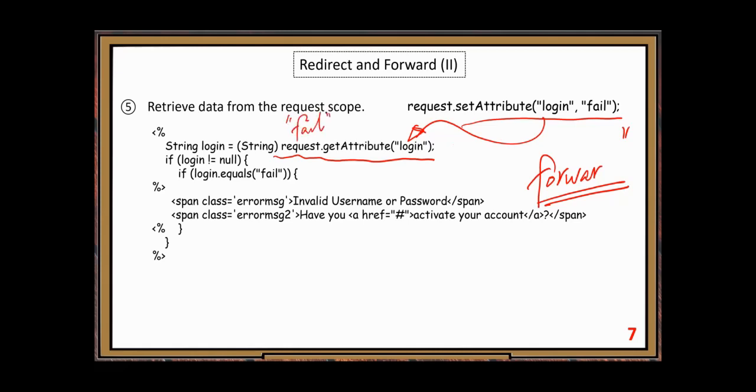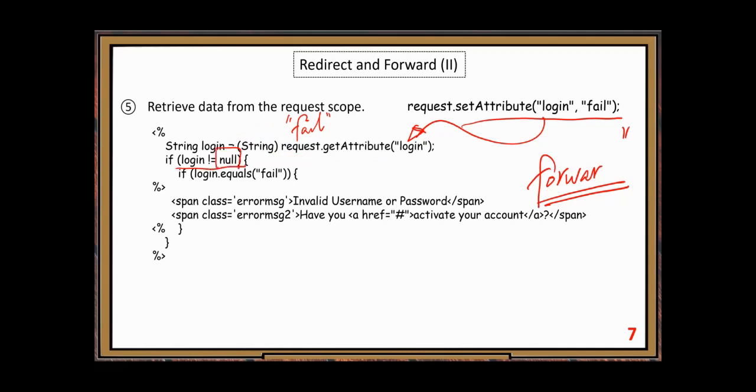After we retrieve it, we need to do casting. Don't forget the parenthesis with the object type. After that, you need to make sure your login object is not null.